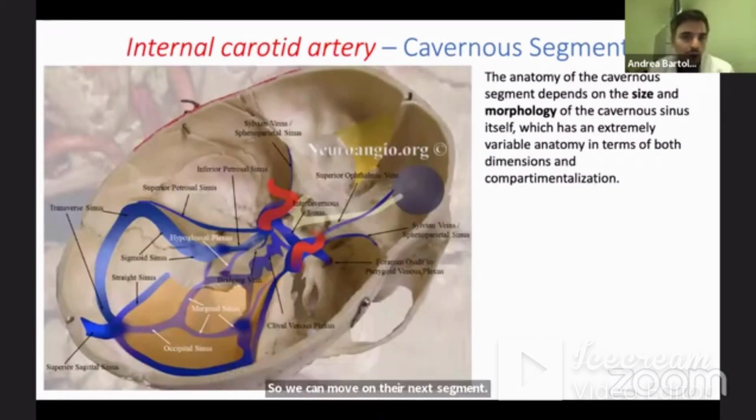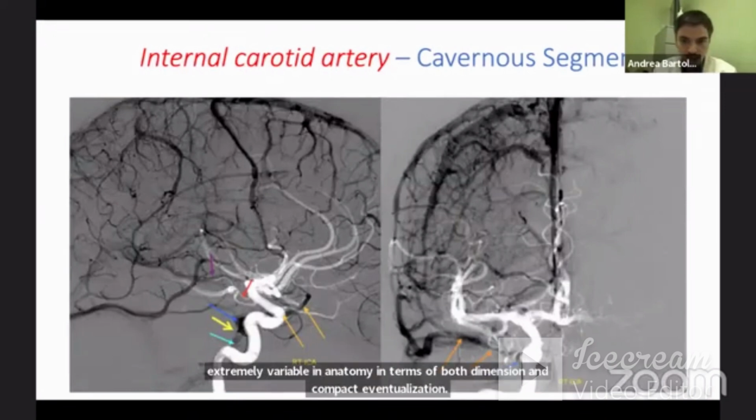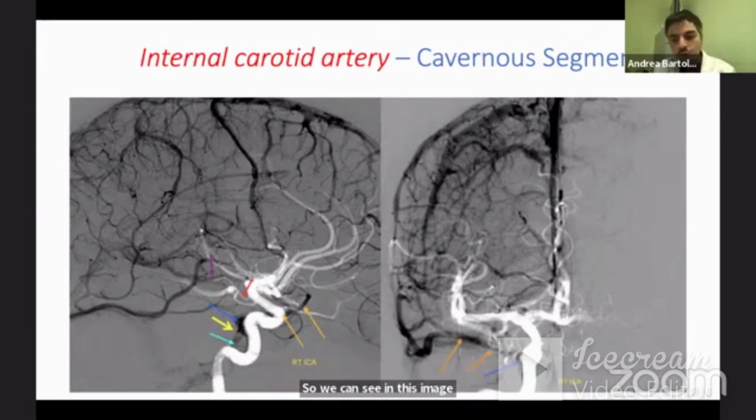The anatomy of the cavernous sinus and of the cavernous segment of the ICA depends on the size and morphology of the cavernous sinus itself, which is an extremely variable anatomy in terms of both dimension and compartmentalization. So we can see in this image the cavernous sinus and so the cavernous tract of ICA.